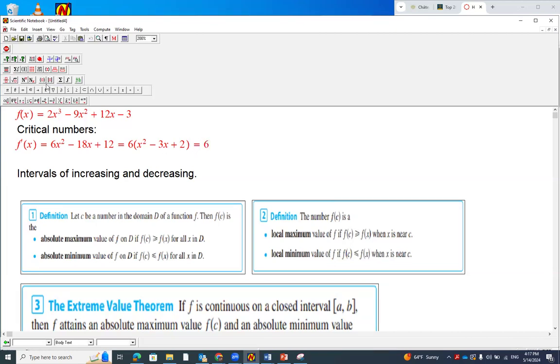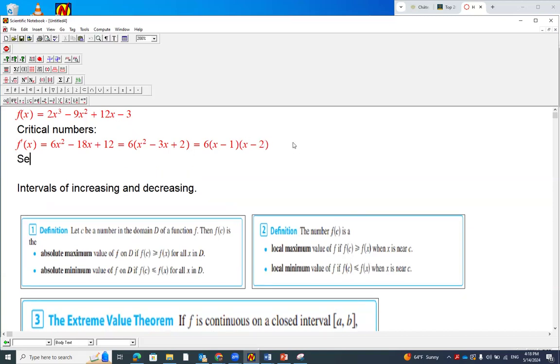That equals 6 times x minus 1 times x minus 2. And here we go. Now we set the derivative equal to 0. If the derivative equals 0, then we get critical numbers.